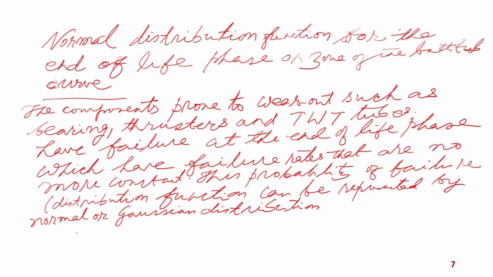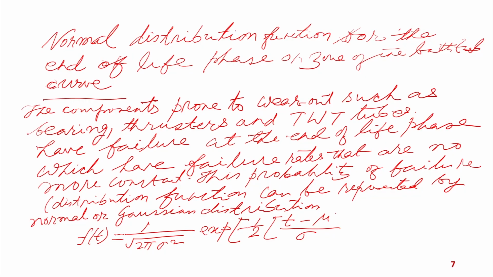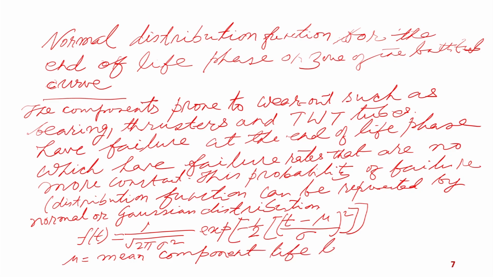So, I can write the distribution function f t, the distribution function of the failure, as 1 by square root of twice pi sigma square exponential, where mu is the mean component lifetime and sigma is the standard deviation.